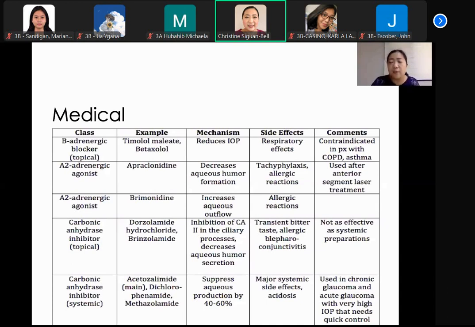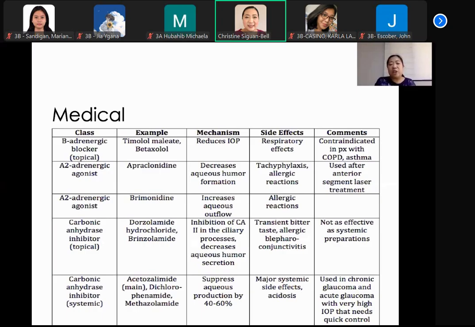For example, if you have a patient with bronchial asthma, it is contraindicated for them to be given beta blockers. If you have a patient who has several allergic reactions in the eyes following taking glaucoma medications, then most probably it can be due to alpha-2 adrenergic agonists or carbonic anhydrase inhibitors.